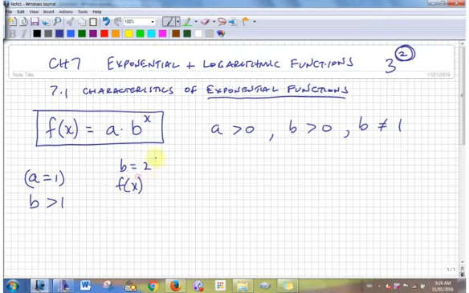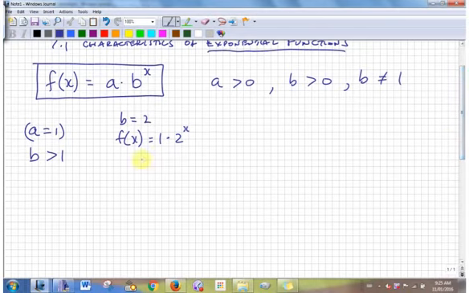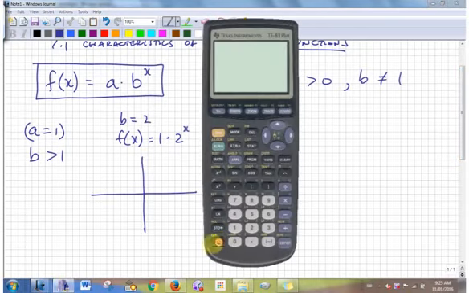My graph is going to be f of x, a is 1, I can put it there, but it's not going to do anything, and b is going to be 2. So I'm going to graph that. Just quickly.